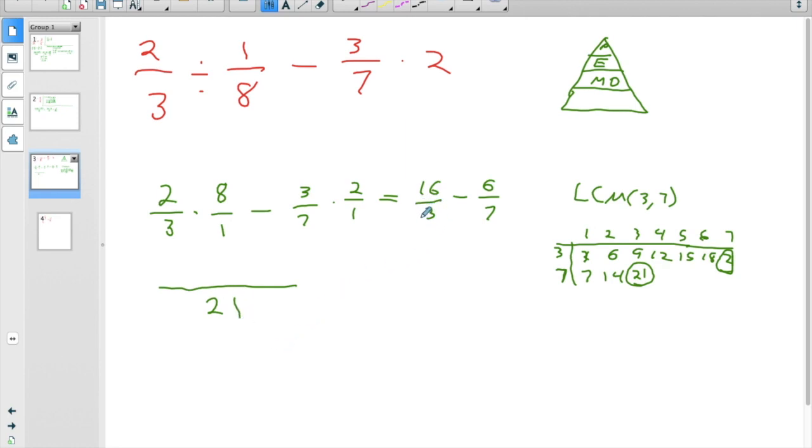What did we do to the 3 to get 21? We multiplied by 7. So we have 7 times 16 minus, what did we do to the 7? We multiplied it by 3. So that would be 6 times 3. So this gives us, let's see, what does this give us?